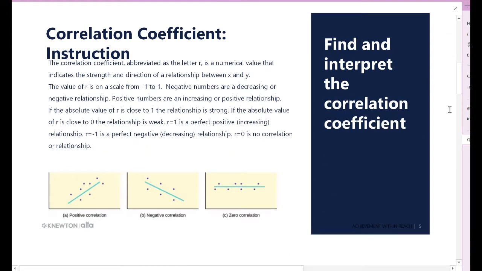Okay, so in the last video, we went over how to calculate the correlation coefficient using your calculator, but just a quick recap. The correlation coefficient is a measurement of the strength of the linear relationship between some paired data, ordered pairs, so to speak. If you have positive linear correlation, that means that the general trend of your data values is that as the x value increases, the y increases as well.